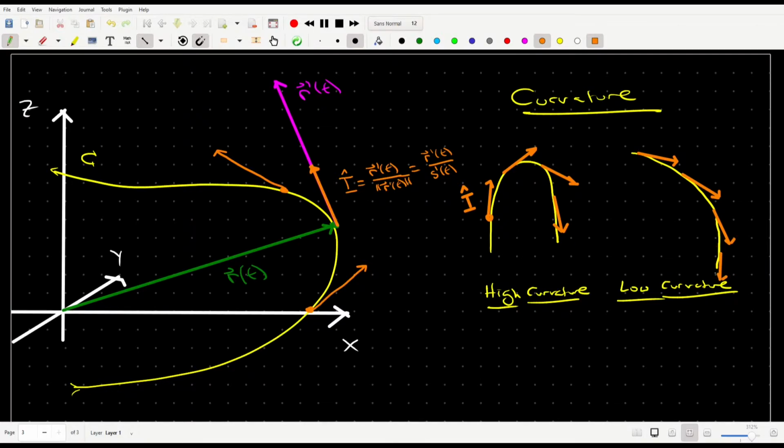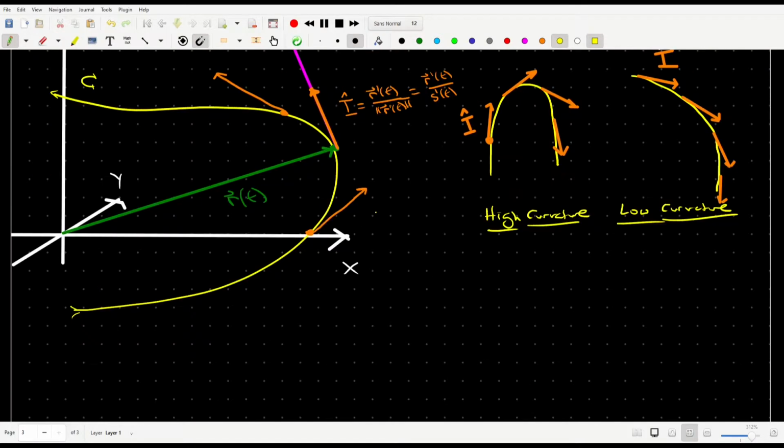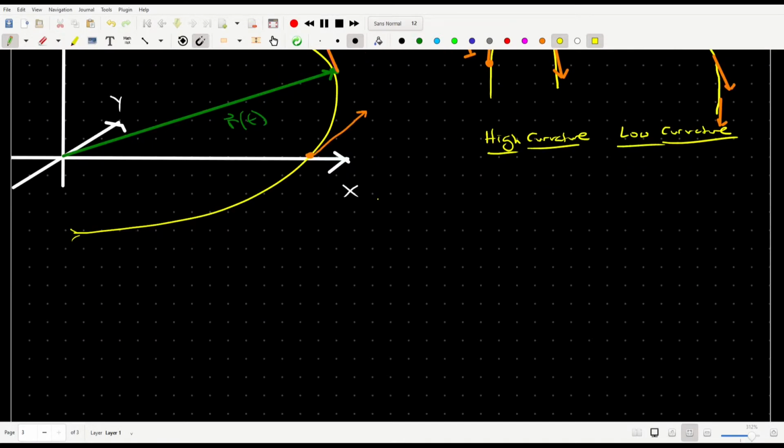So it's a much more gradual change to T hat on this curve than it is on this curve. And this is the sole reason why we're going to define curvature the way that we are. So this is kind of like an informal diagram that you can use to think about curvature. But it really is intuitive, and it helps you figure out exactly what is meant when we define curvature as the following function.